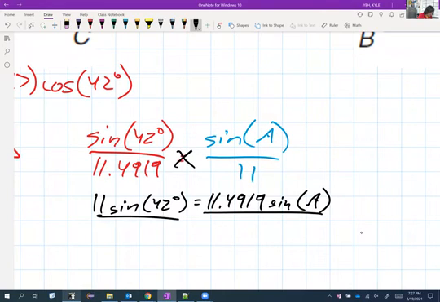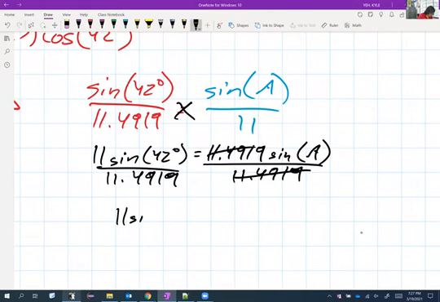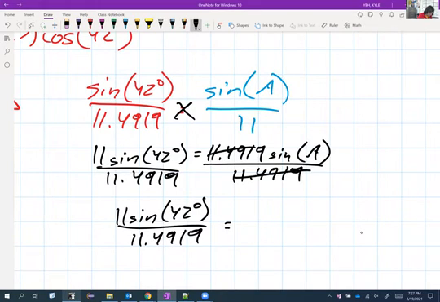I'm going to divide both sides by 11.4919. So 11 sine of 42 degrees over 11.4919 equals sine of A. And we know how to get that A out of the sine: inverse sine.